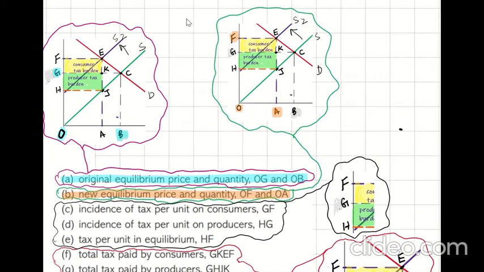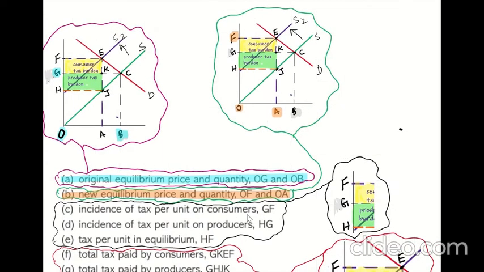Now let's look at the new equilibrium price after the impact of a tax. Now your quantity reduces from B to A, therefore your quantity is 0A, whereas your price increases from 0G to 0F. Therefore, the new equilibrium price is 0F.